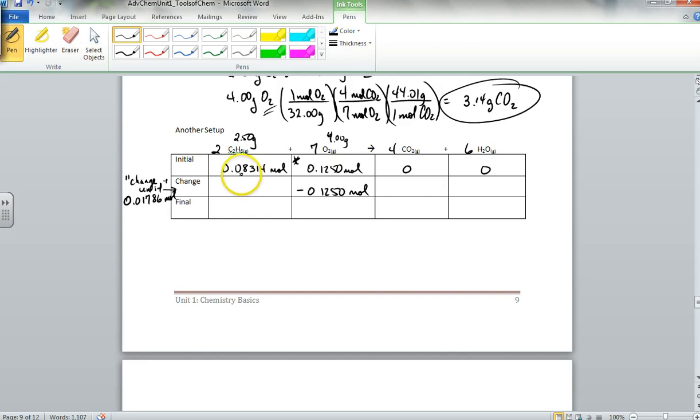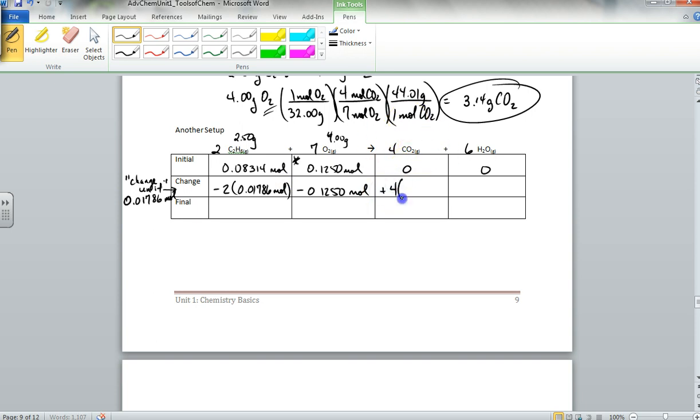The ethane is going to be used up, but it is going to change by an amount of 2 times this change unit. So it is going to decrease by 2 times the 0.01786 moles.